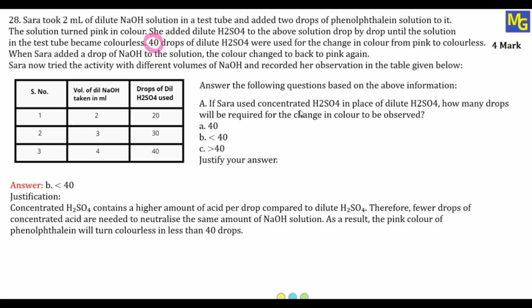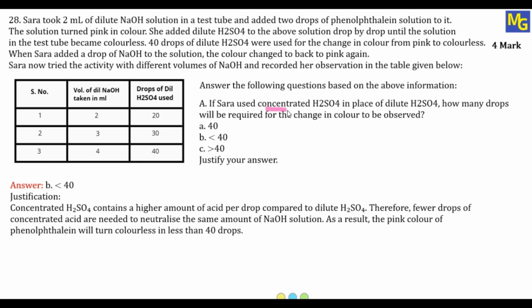Because it is dilute, it has less H plus, and therefore it takes 40 drops to change the color from pink to colorless. But in the question they are saying it is concentrated. If we add concentrated H2SO4, concentrated means H plus ions will be more. If H plus ions increase, automatically the change in color will take place easily or faster, and you require a smaller amount of H2SO4. If you compare the H plus ions in dilute and concentrated H2SO4, more H plus ions will be there in the concentrated, and H plus ions are responsible for the change in the color.